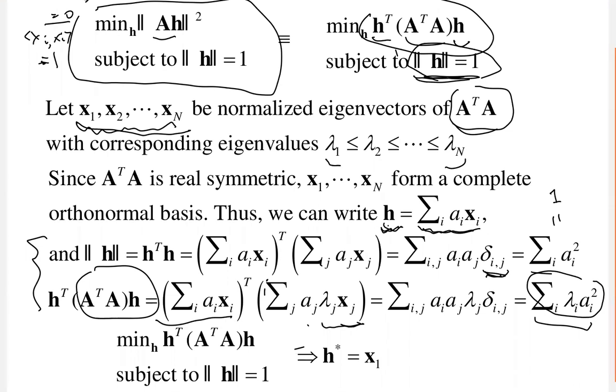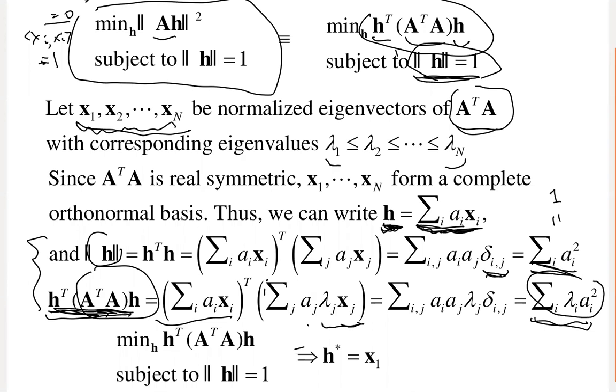Let me summarize what we did. We represent H as the linear combination of the eigenvectors of A transpose A. If we substitute this H into the norm of H and also the objective function, we end up with the objective function that we try to minimize equal to the sum of lambda i multiplied by ai squared. And the constraint will be the sum over ai squared is equal to 1.